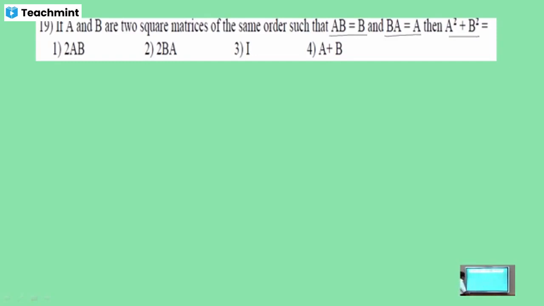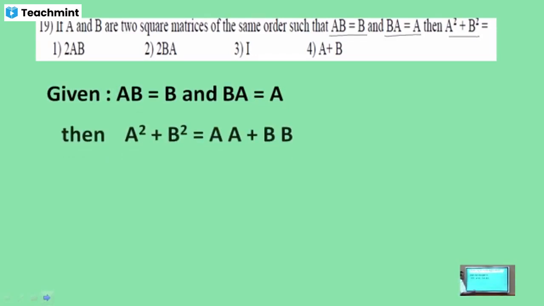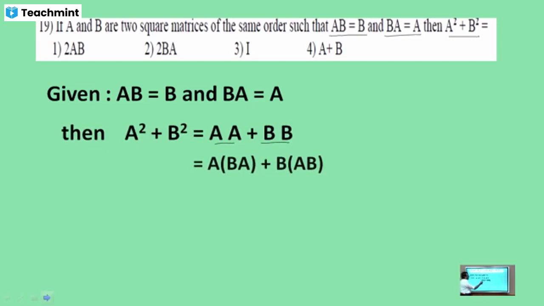As you know, A square plus B square is directly calculated. That is why in the first step we will write A square as A into A, B square as B into B. Of the A's, one of the A I will replace by A.